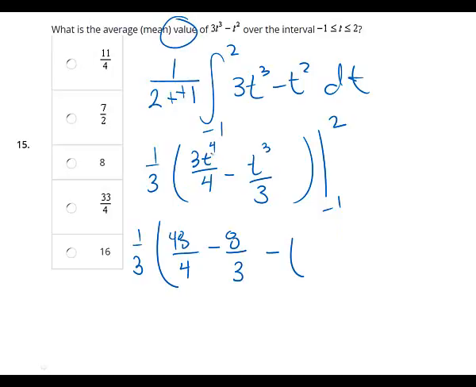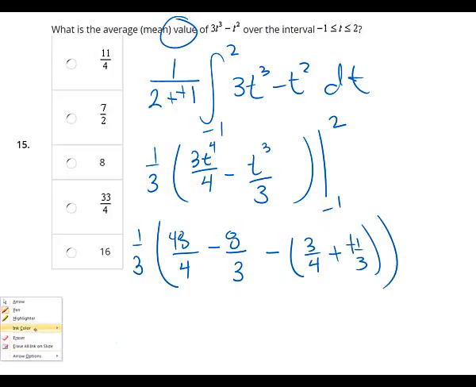Minus, use of parentheses. What's -1 to the 4th? 1, right? Times 3 is just going to be 3. What's -1 cubed? -1, and the double negative is going to go what? Positive. Do you see why I didn't go ahead and reduce my 4 over 48?